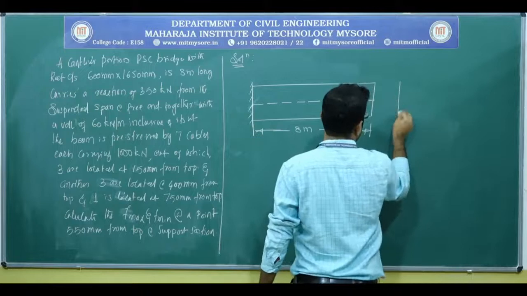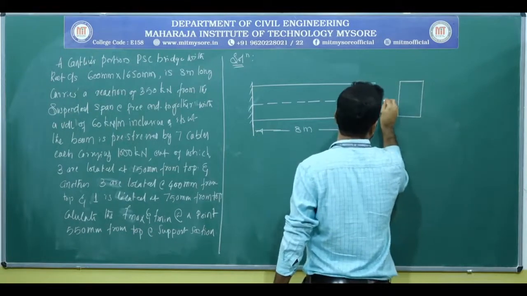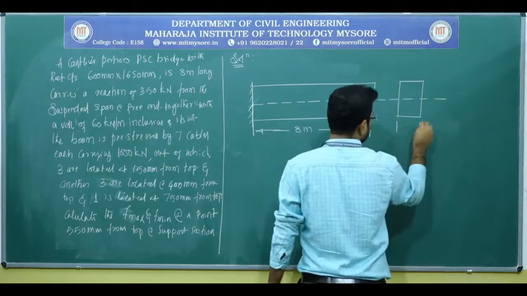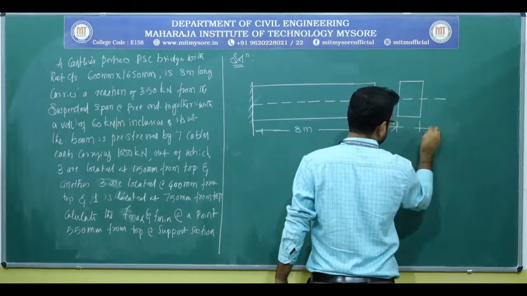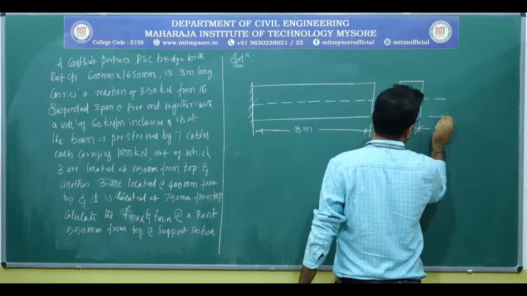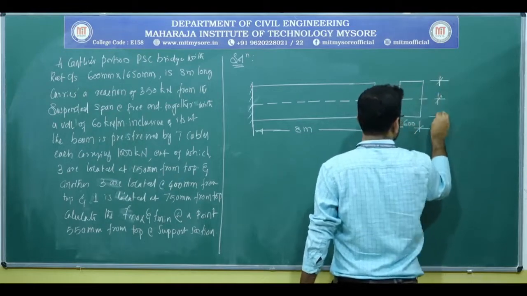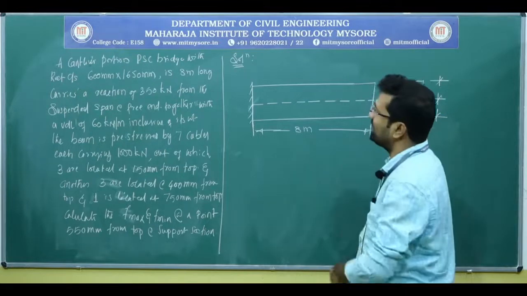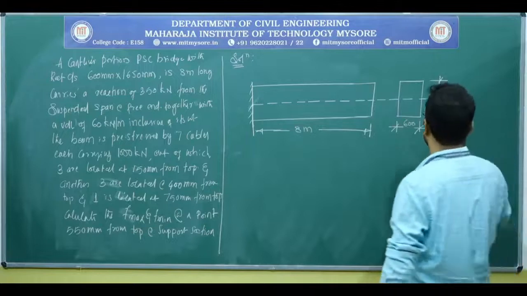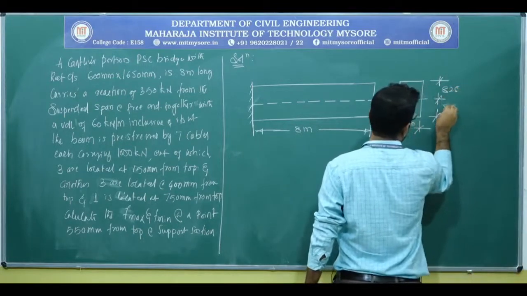Let me draw the cross section here. The cross section is 600 millimeter wide and the depth is about 1650 millimeter. If I divide that 1650 millimeter, it will be 825 millimeter.